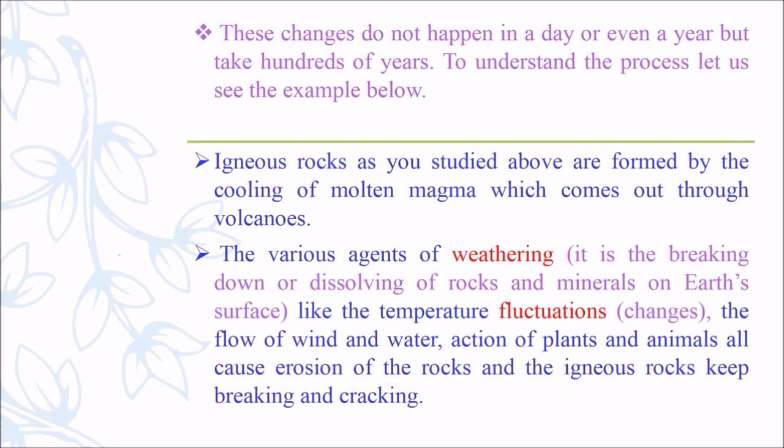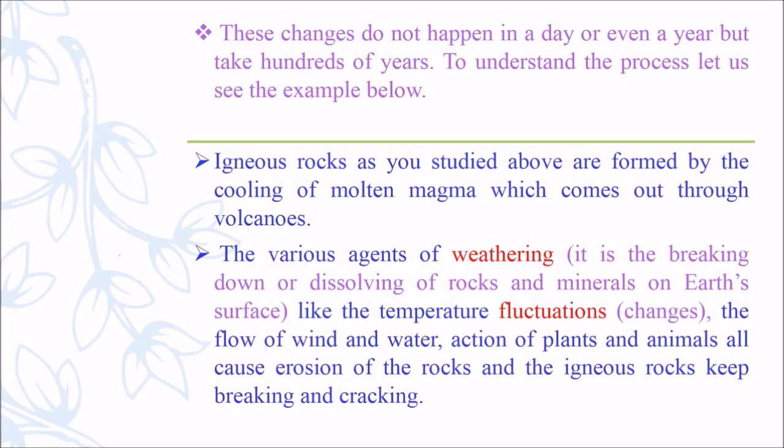Igneous rocks, as you studied above, are formed by the cooling of molten magma, which comes out through volcanoes. The various agents of weathering. Here, weathering means the breaking down or dissolving of rocks and minerals on Earth's surface. In simple terms, weathering means breaking down.